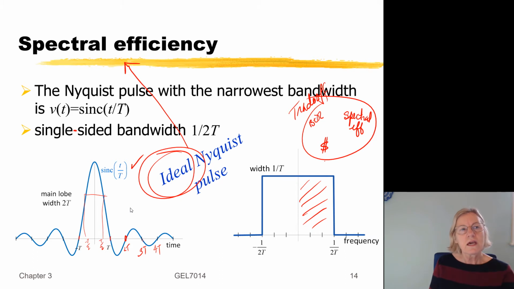So when you see specifications of spectral efficiency, it will be based on the assumption of this ideal Nyquist pulse. We want to fairly compare all of them, so we assume in the comparison that they occupy the minimum spectrum possible.